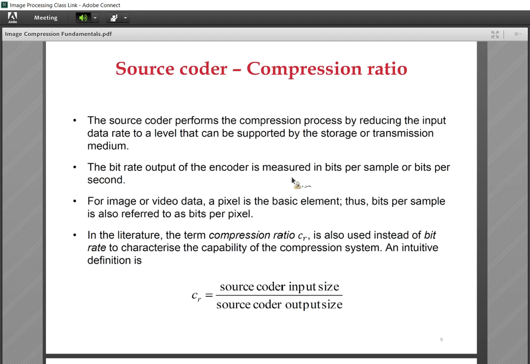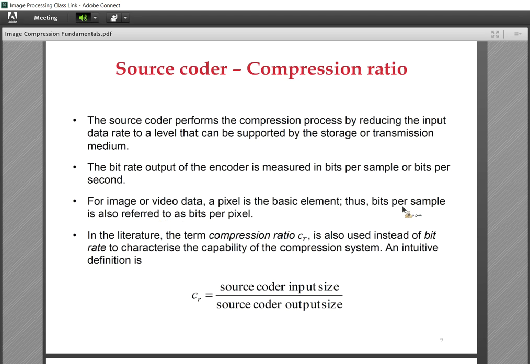For storing or for transferring. The bitrate output of the encoder is measured in bits per sample or bits per second. How many bits per sample, or how many bits per second, is the output of this encoder? For image or video data, a pixel is the basic element.